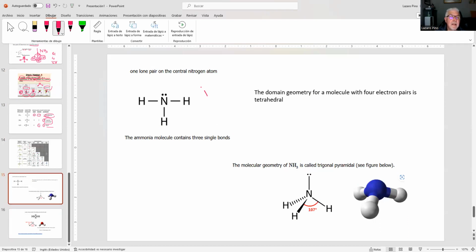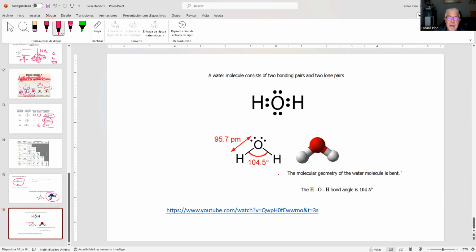This is the Lewis structure, and this is the structure represented by this theory. And here we have water. Water has a bond angle of 104.5 degrees.